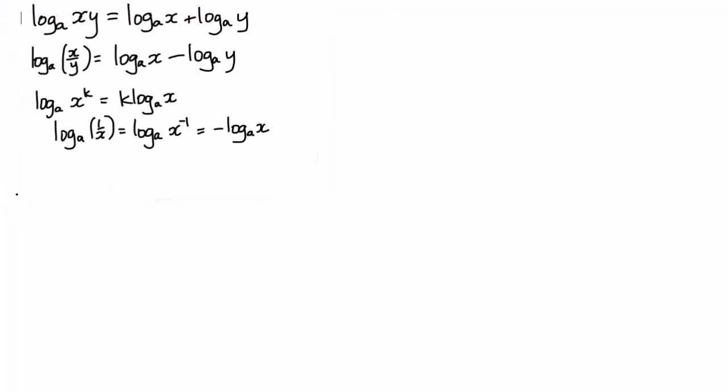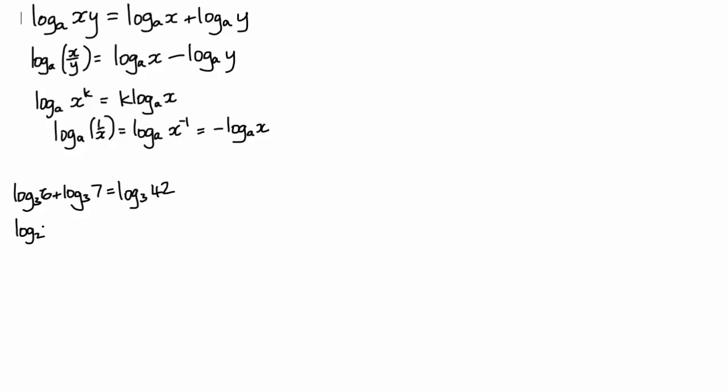Suppose a question says simplify the following. Log to the base 3 of 6 plus log to the base 3 of 7. Using the first multiplication rule, right to left, is the same as log to the base 3 of 42. And you could evaluate that on the calculator if you wished.